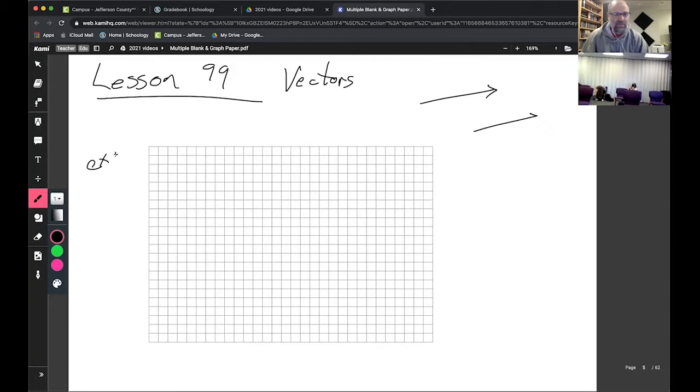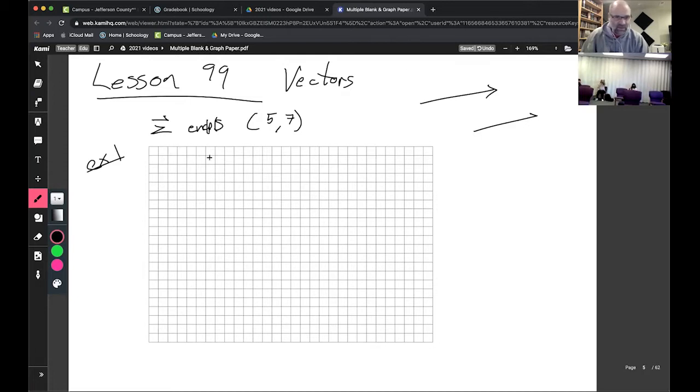Here's example 1. It says graph vector z whose endpoints, so I'm going to say vector z, and this is how you label a vector. So it looks like a ray, but there's only half of the arrow there. Z whose endpoints are 5 and 7, okay?